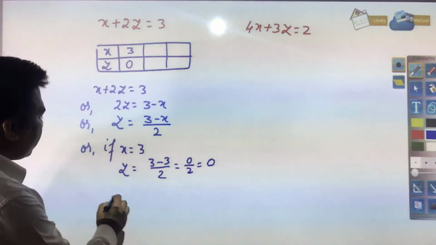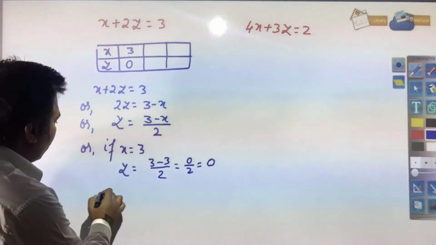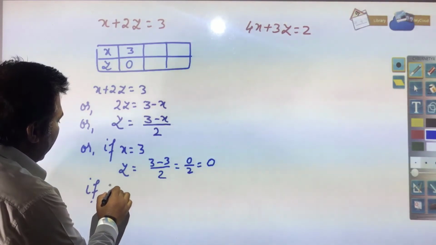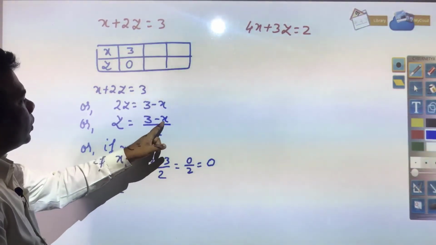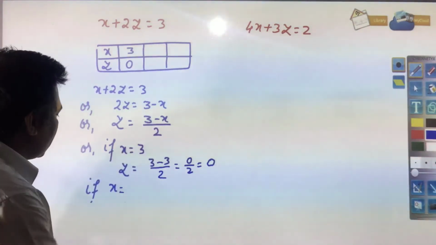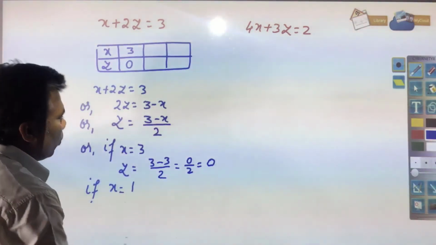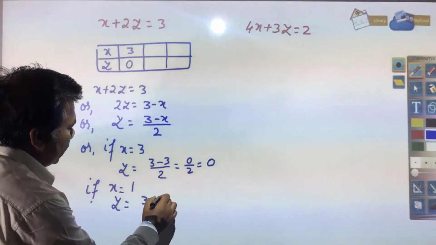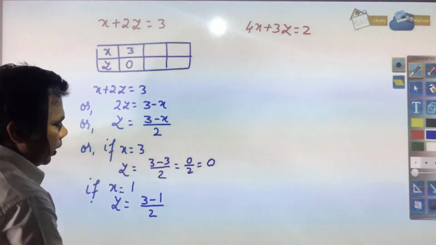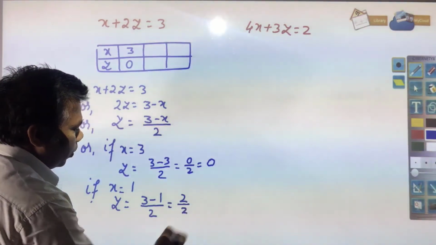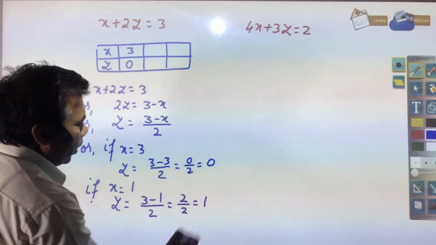Next you see, if you put x is equal to 1, what will you get? y will be equal to (3 minus 1) divided by 2. It means 3 minus 1 is 2, divided by 2, and that will be equal to 1.